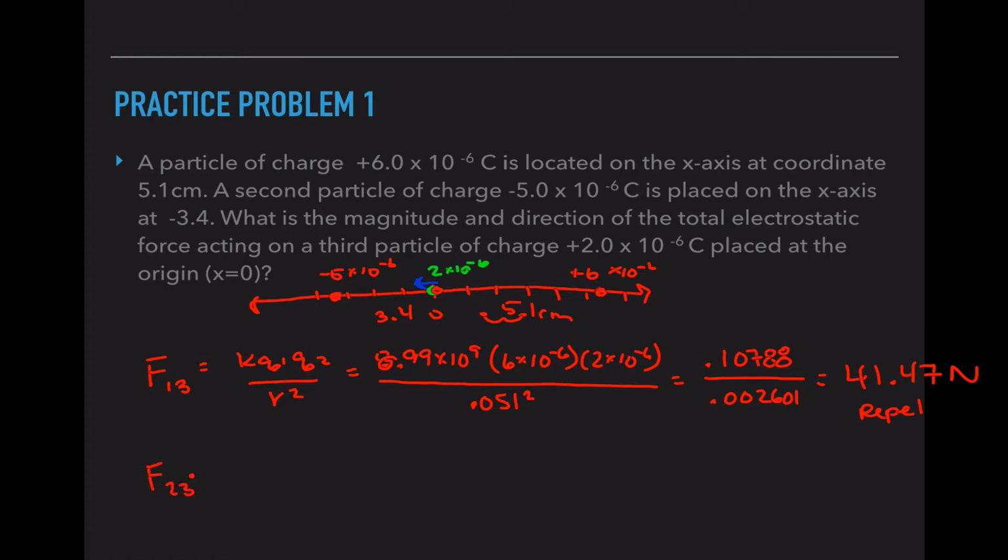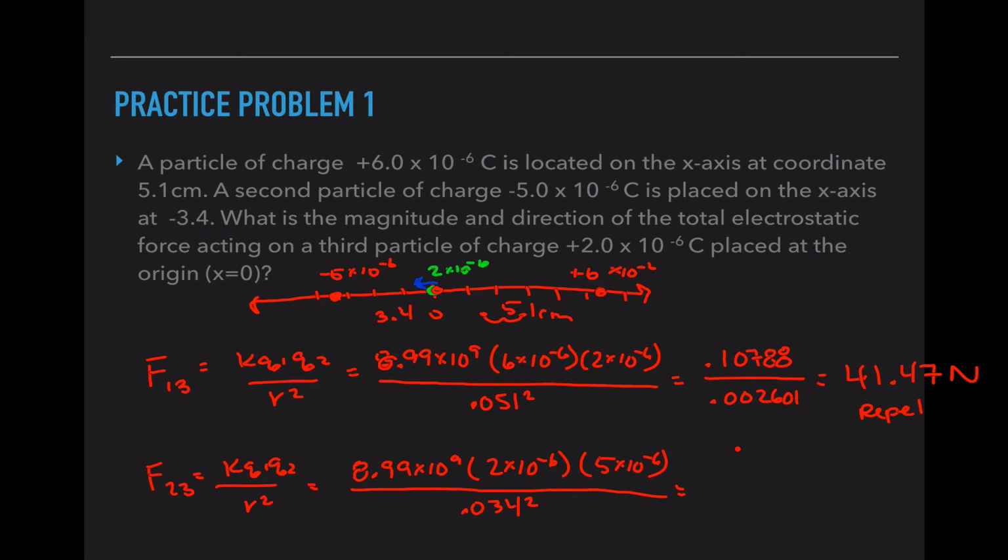Force of 2 on 3 is K Q1 Q2 over R squared, which is 8.99 times 10 to the 9 times 2 times 10 to the negative 6 times 5 times 10 to the negative 6, all over 0.034 squared, because I'm taking this distance in centimeters and converting it to meters also.